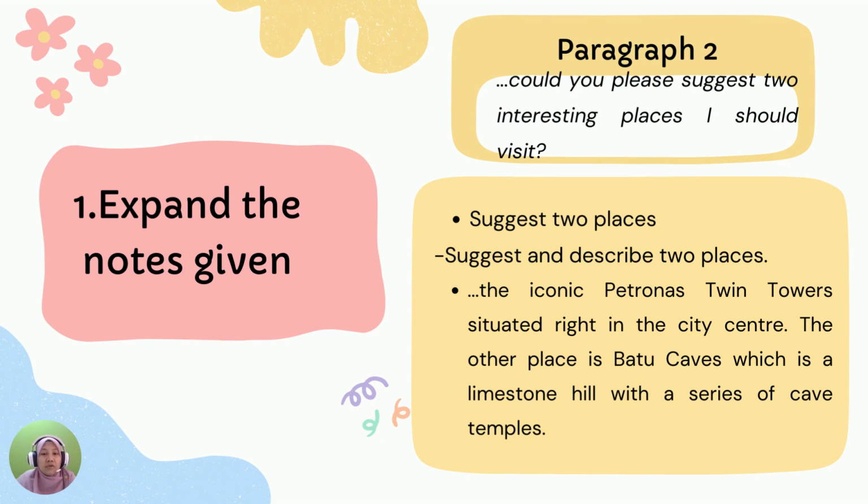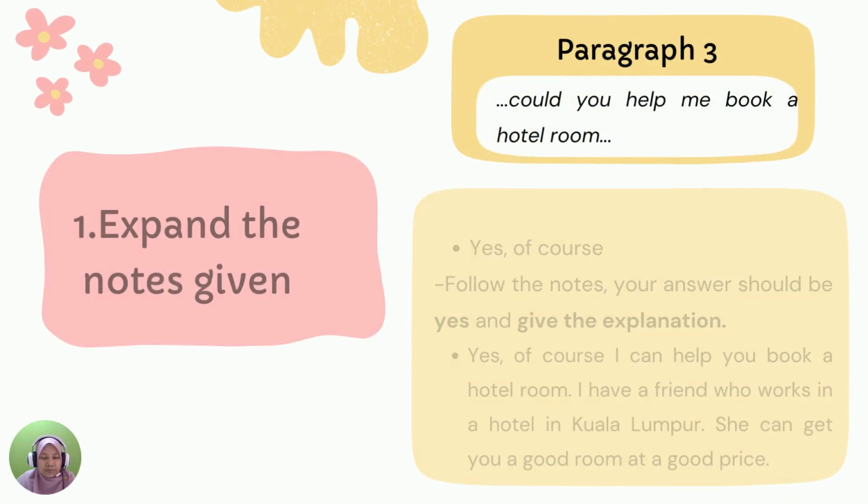In paragraph 2, could you please suggest 2 interesting places I should visit? So suggest 2 places and describe them. For example, the iconic Petronas Twin Towers situated right in the city centre. The other place is Batu Caves, which is a limestone hill with a series of cave temples.